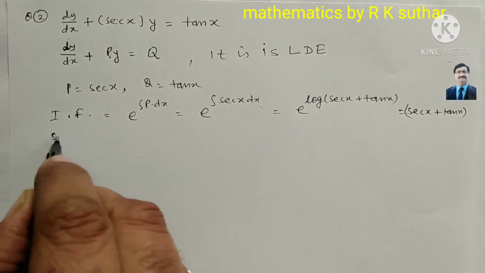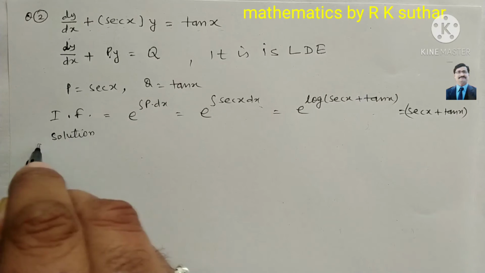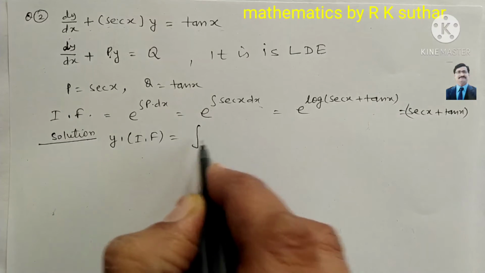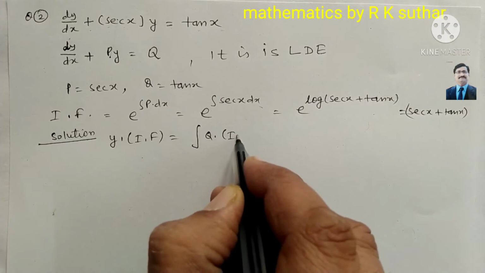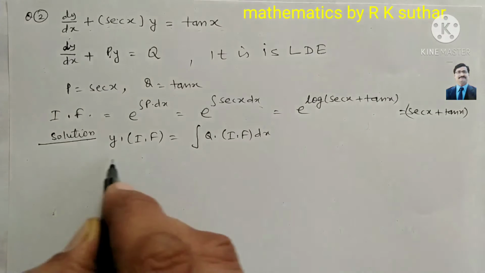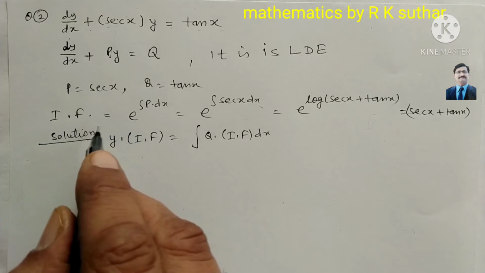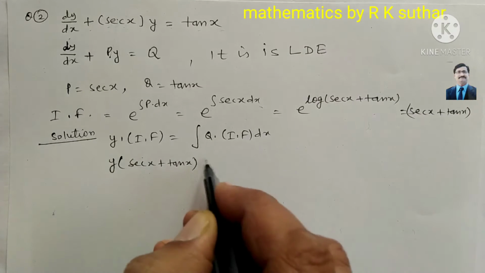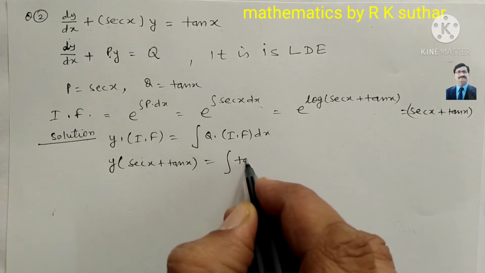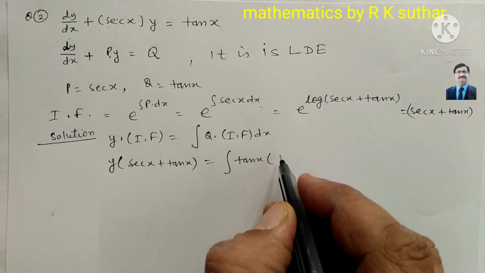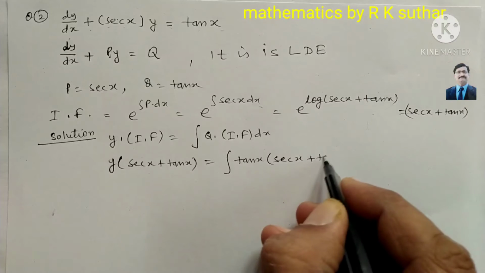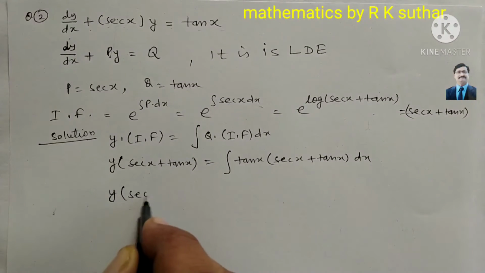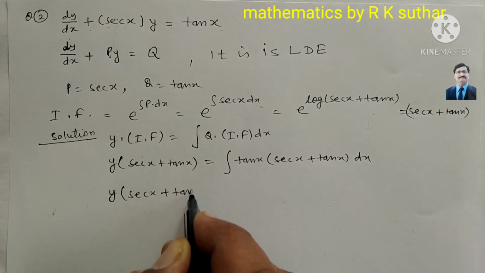Now we write the solution. The solution is y times the integrating factor equals the integral of Q times the integrating factor dx. So y times (sec x + tan x) equals the integral of tan x times (sec x + tan x) dx.